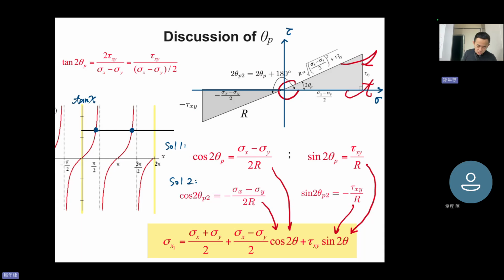So it is very similar to drawing this triangle with sigma as the x axis and tau as the y axis. Well, these figures just give you a schematic illustration. Later, we will give you a very similar coordinate, but a little bit different, to draw the Mohr circle, okay?